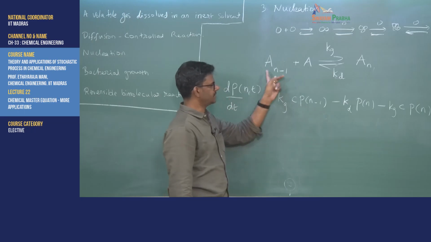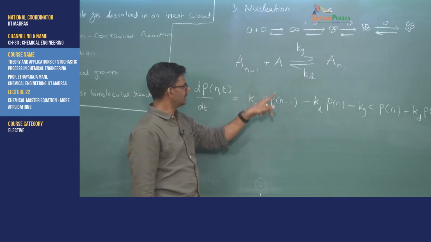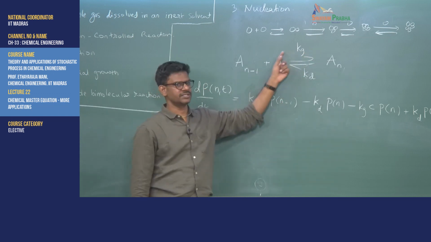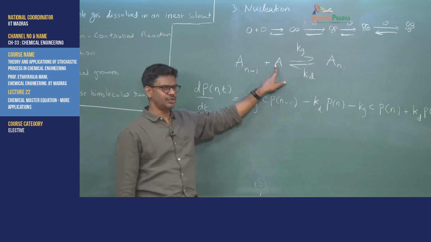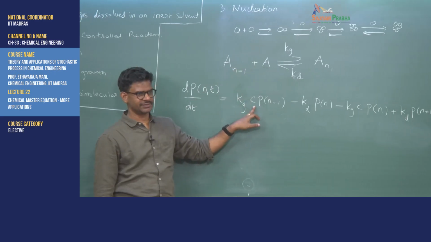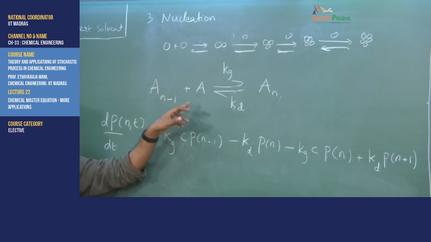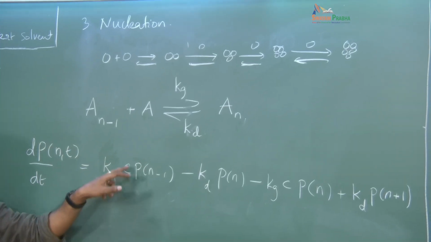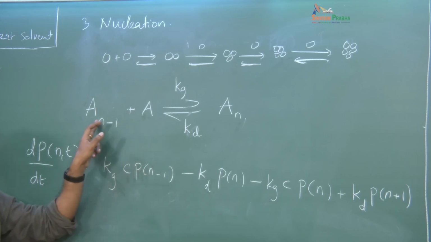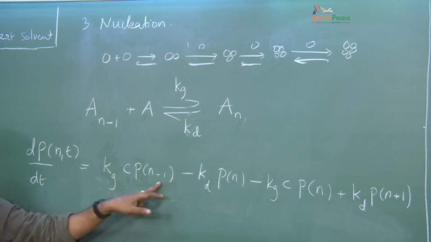This term is the forward reaction, and the forward reaction rate depends on the rate constant K_g. Here we assume that the monomer is in excess, which can be represented by some concentration, so we do not have to track the concentration of the monomer separately. So we have C as the concentration of the monomer, and then the state to find the cluster of size n minus 1, that is this probability.